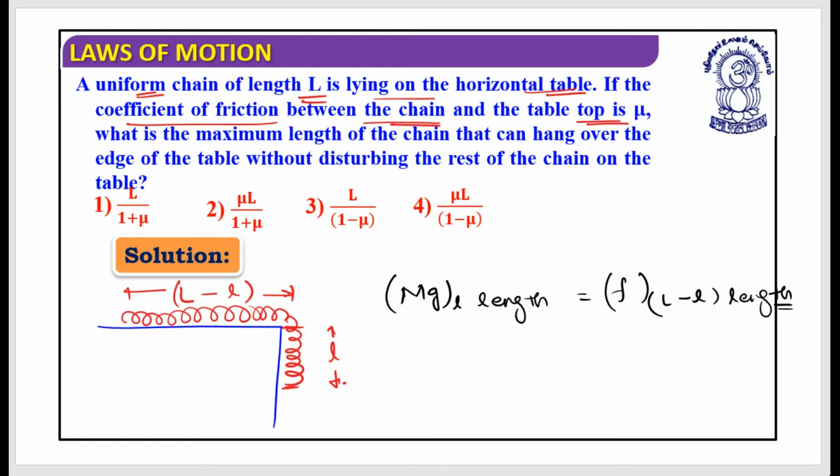So the weight of the l part, how could I calculate it? It's total mass m, total length L, so m by L multiplied by l, multiplied by g. That should equal friction. For friction I need to write mu s into N on the L minus l length.